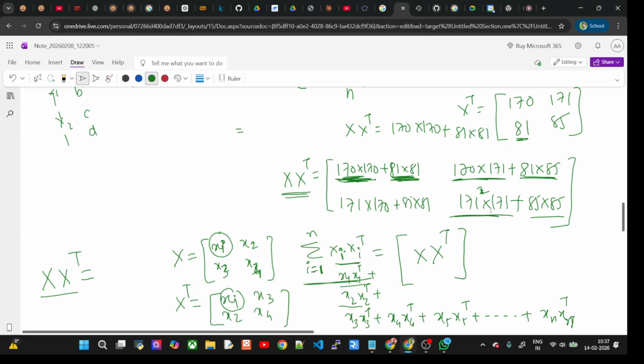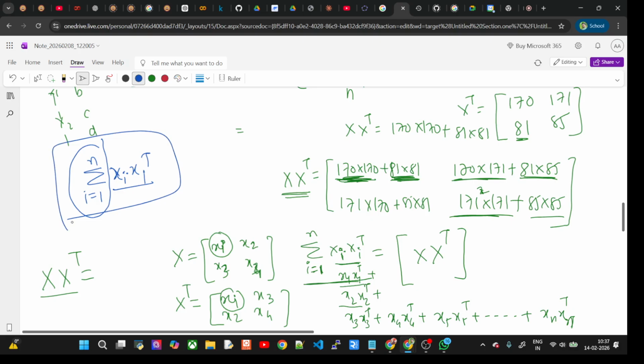It's like a normal matrix multiplication, but instead of every time writing the summation from 1 to n of xi into xi transpose, the product of xi into xi transpose, instead of doing this complete calculation, I am just saying it is X into X transpose.